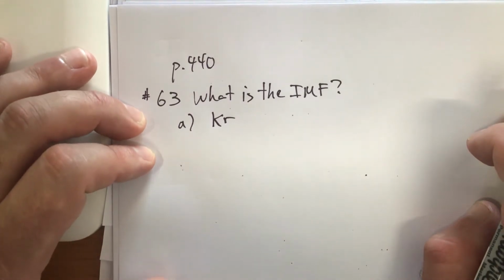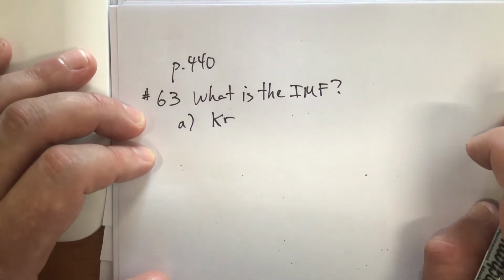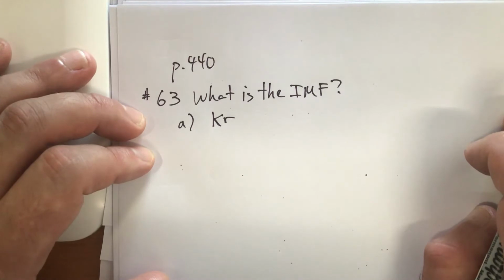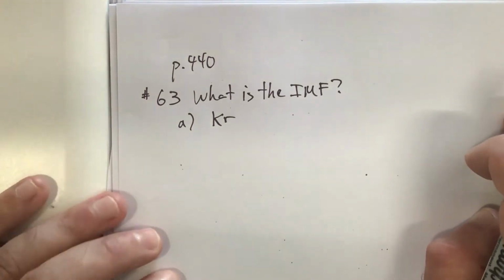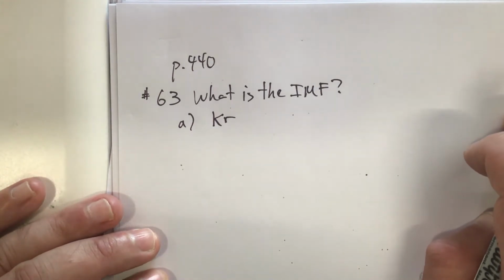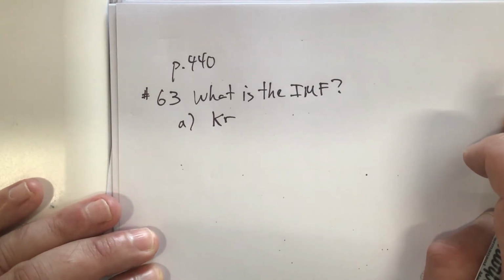Again, if you don't know your periodic table yet, and we're not saying that you need to have it memorized, or you don't know your polyatomic ions, this is a good chance, you really need to memorize these things. Okay, Kr is krypton, and it's just krypton by itself, so it's not bonded to anything else. So in that way, it can't have hydrogen bonding.